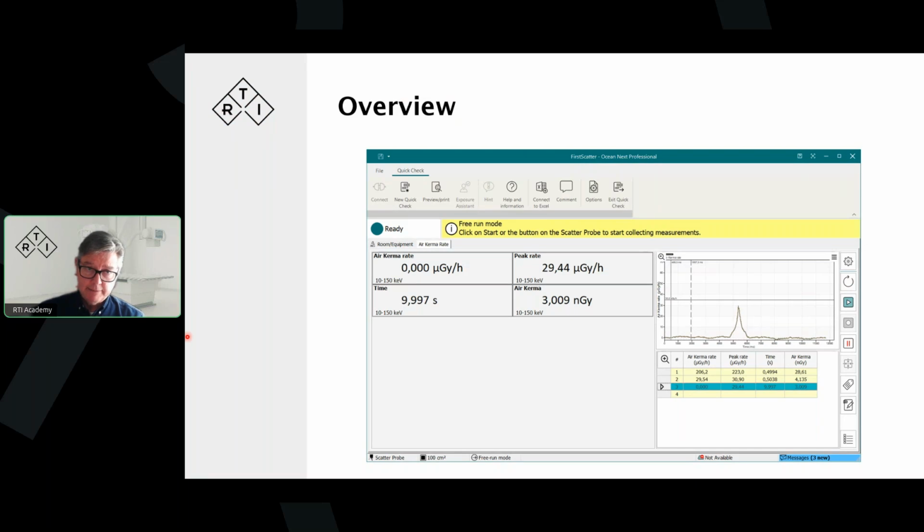And as I explained before, initially we had a more open filtration when it came to background radiation. So we had people registering negative dose values, which doesn't really make sense. But that is due to the fact that background radiation varies just a little bit, very, very tiny.